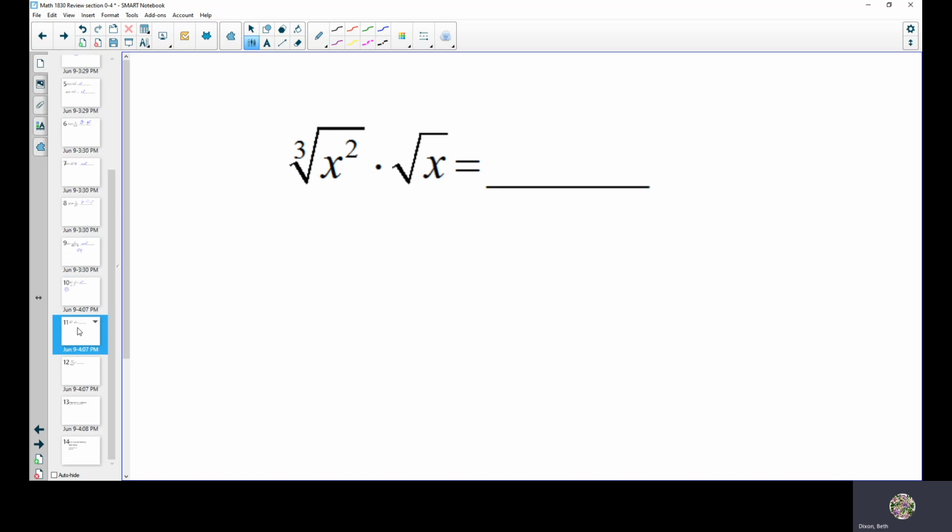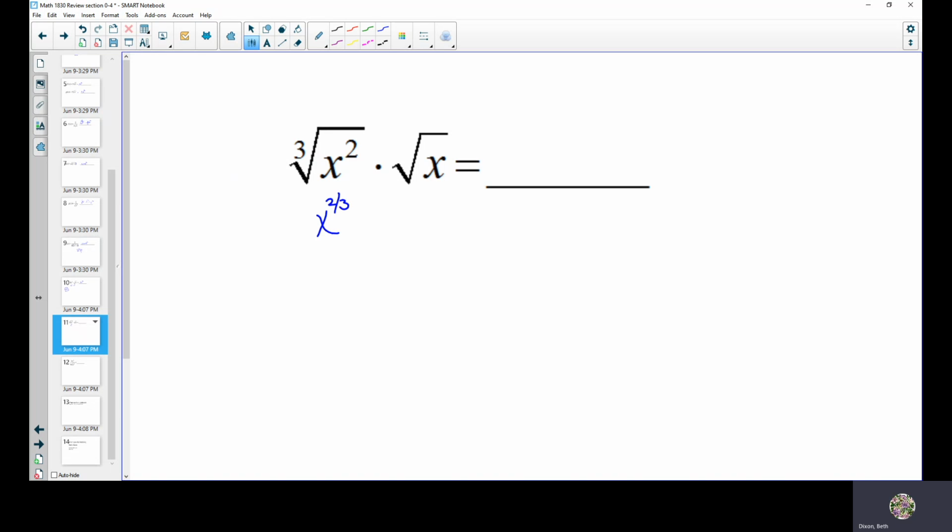Okay, our next problem is the cube root of x squared times the square root of x. We want to get rid of the radicals first. That's the first step, to get rid of those radical signs. So the cube root of x squared becomes x raised to the 2/3 power.